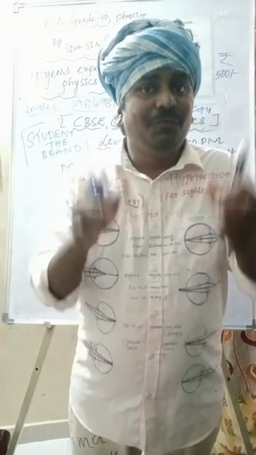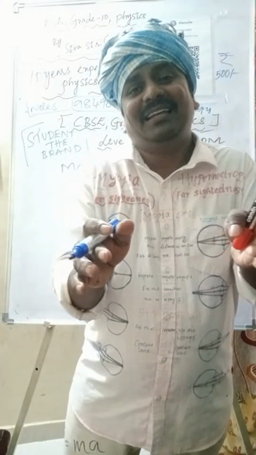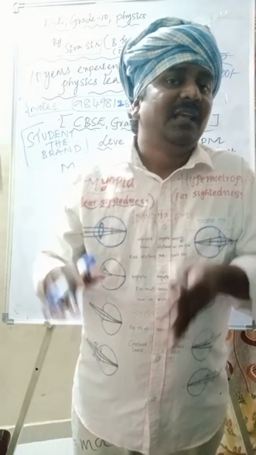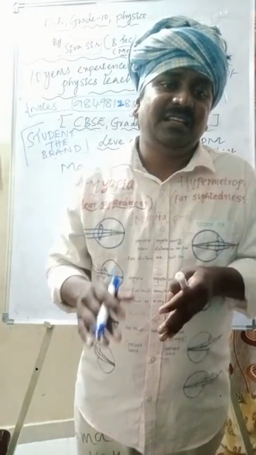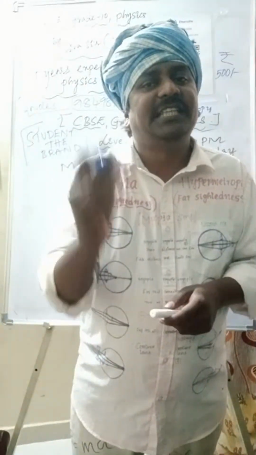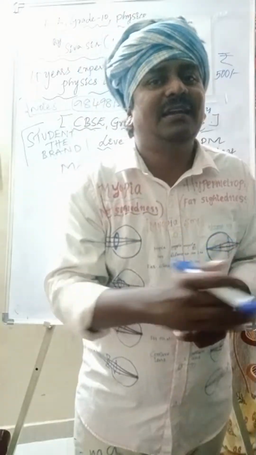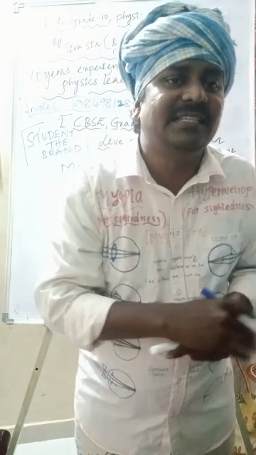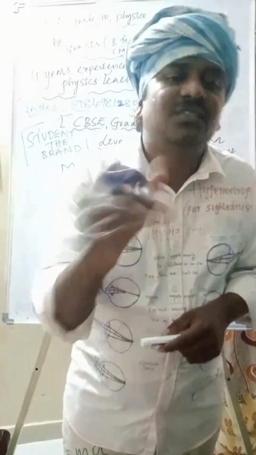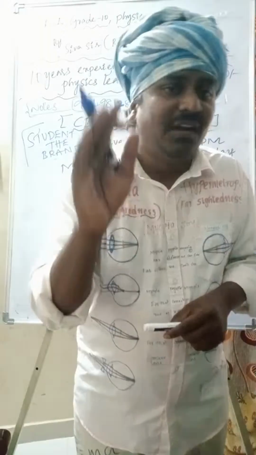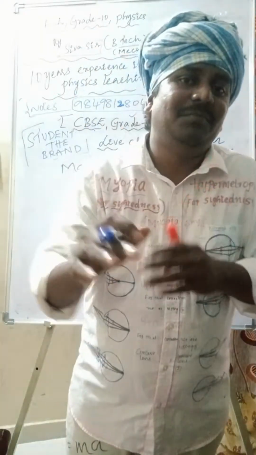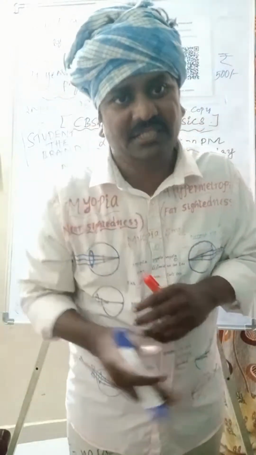What is that? If you change the battery polarities, the current direction changes, and by that, the magnetic field direction also changes.